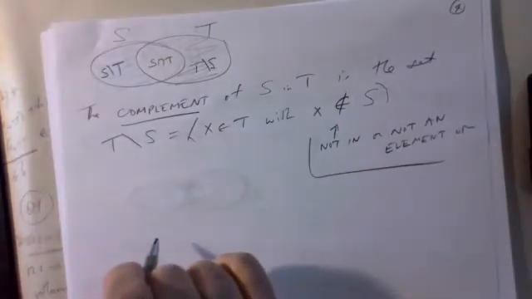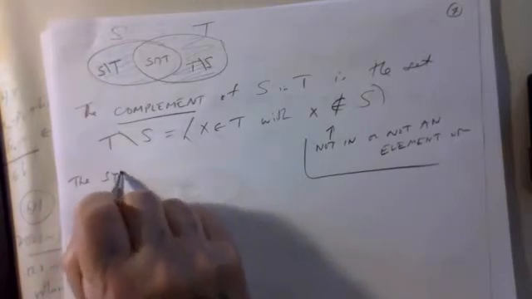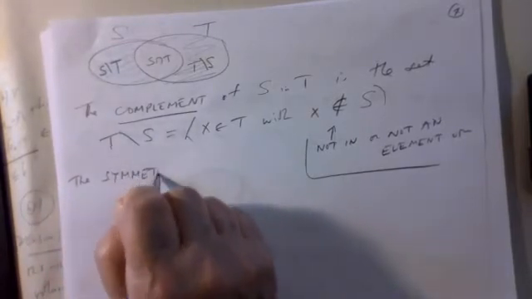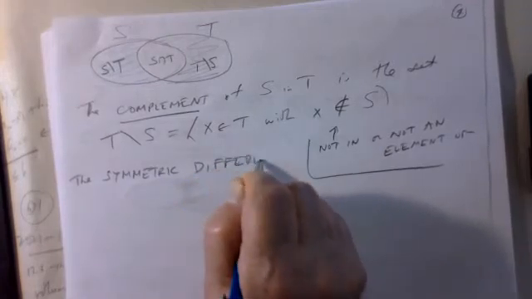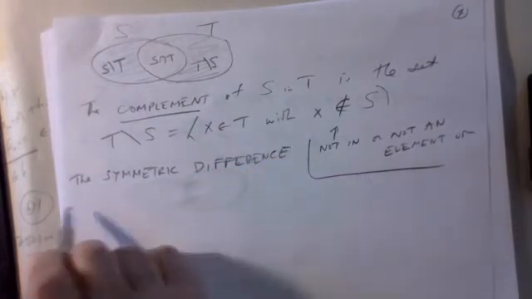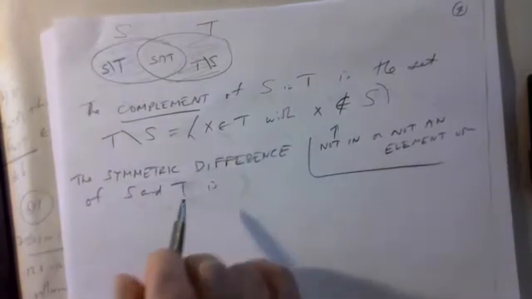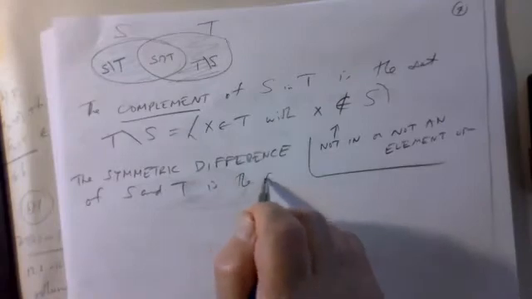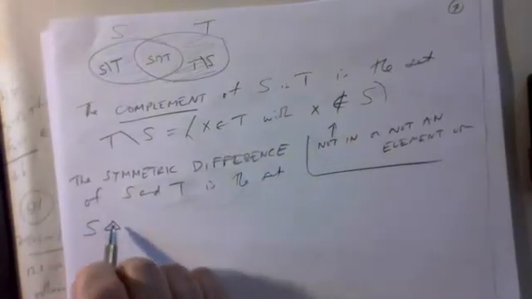And what is called the symmetric difference of S and T is the set, sometimes written with this triangle.